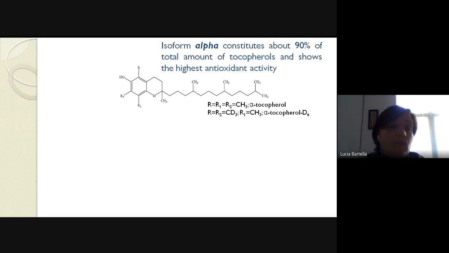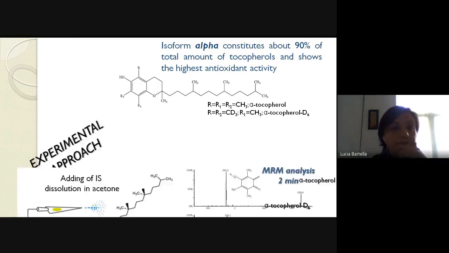Vitamin E is a pool of antioxidant molecules, but in extra virgin olive oil, the isoform alpha constitutes about 90% of the total amount of tocopherols. And so we have decided to quantify this isoform.